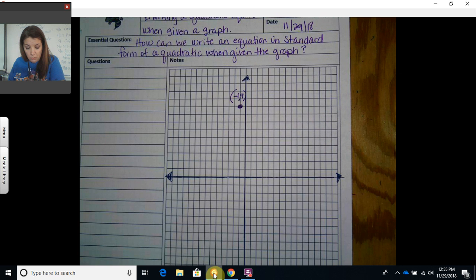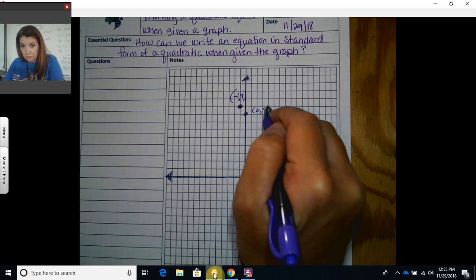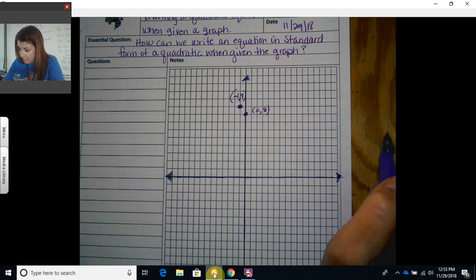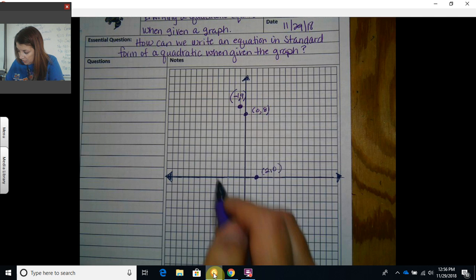Our y-intercept is at 0,8. Our graph is going to cross the x-axis at 2,0 and at -4,0.